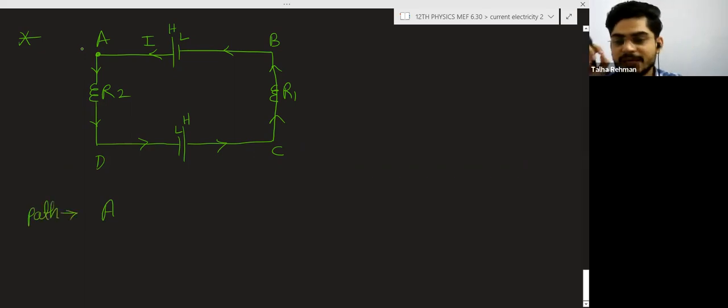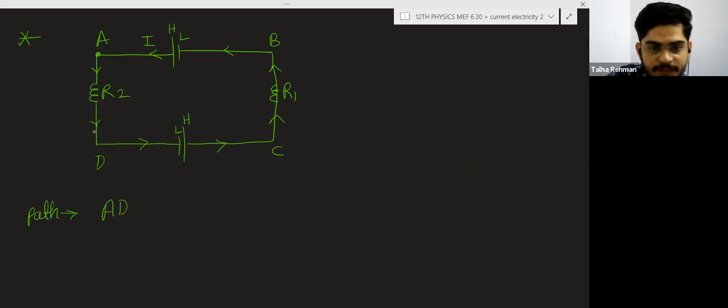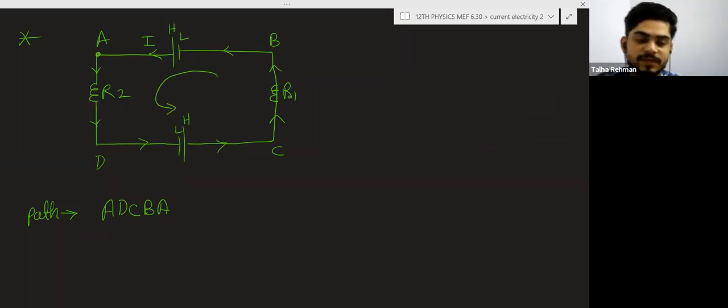You have to choose a path first. The path I am choosing is A, D, C, B, A, which means I am moving anti-clockwise. Now, from A to D, what will you write for the voltage?